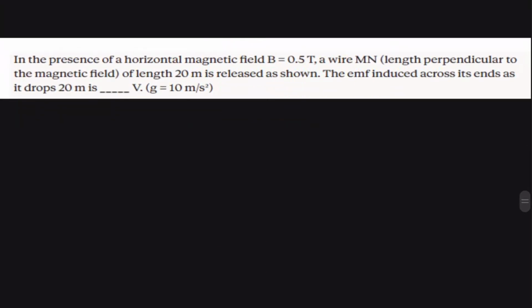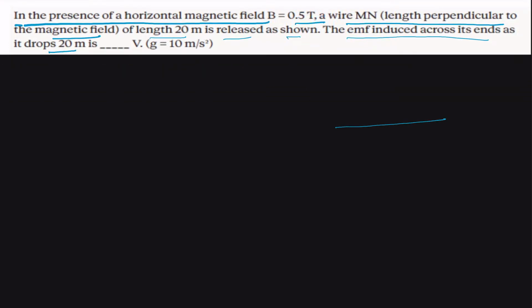Okay, it states that in the presence of a horizontal magnetic field of 0.5 Tesla, a wire MN, perpendicular to the magnetic field, of length 20 meter is released as shown. The EMF induced across its ends when it drops 20 meters. Basic figure is given to us.